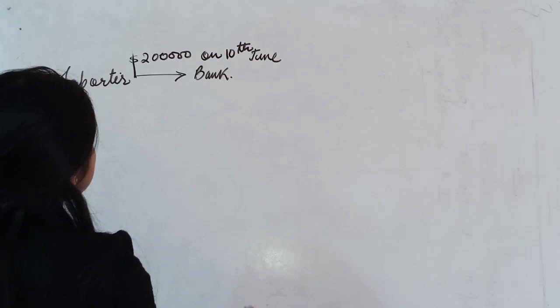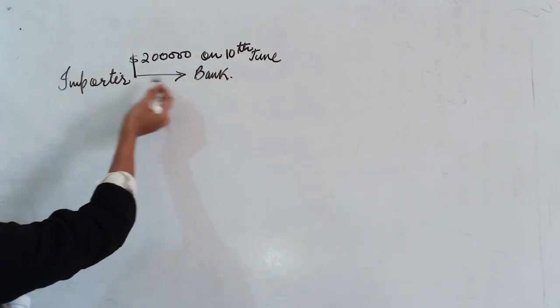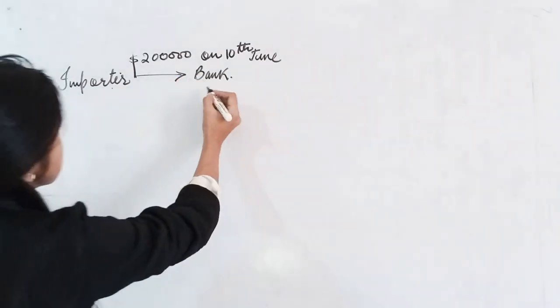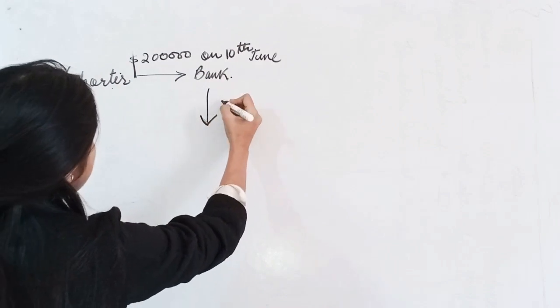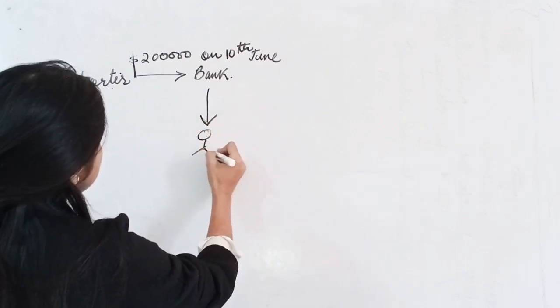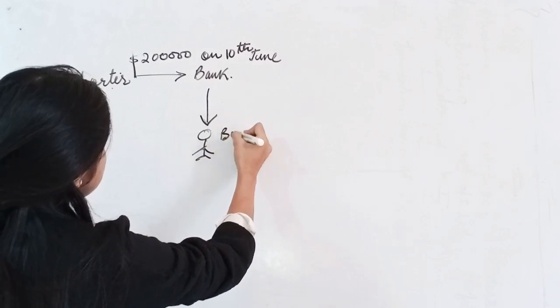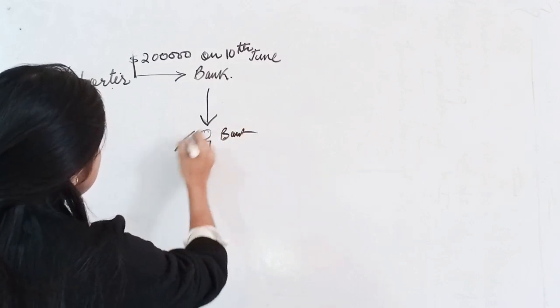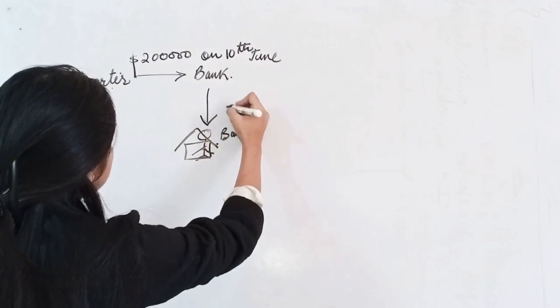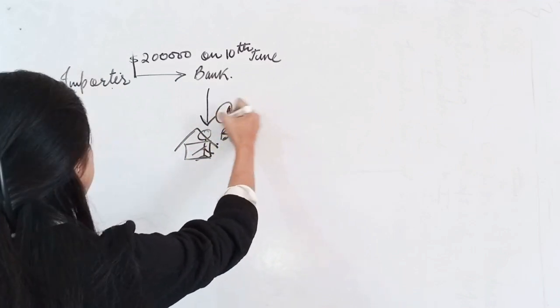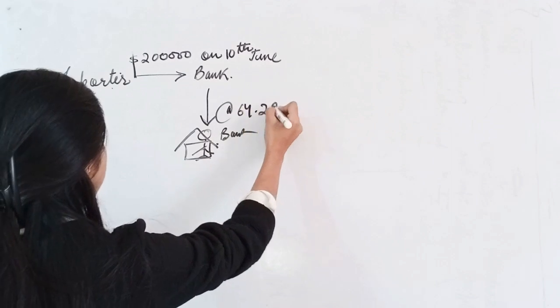So the bank needs $2 lakh for giving it to the importer on 10th of June. So the bank went to another person, or you can say it went to another bank, and booked the rate at 64.28.